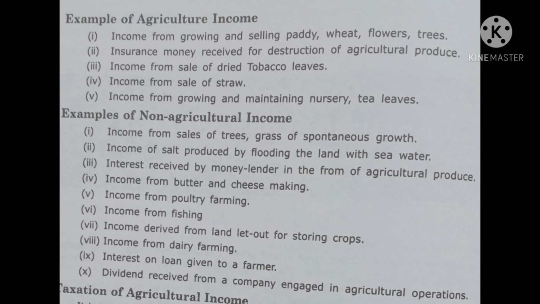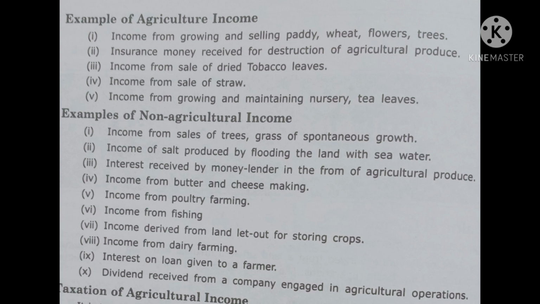Now let's see some examples of non-agricultural income. Income from sale of trees, grass of spontaneous growth. See, in agricultural income also, the first point, you can see growing and selling trees. Here also you can see income from sale of trees. Now what is the difference between that and this? Here they have mentioned the word spontaneous growth.